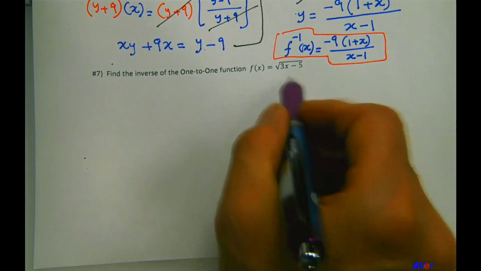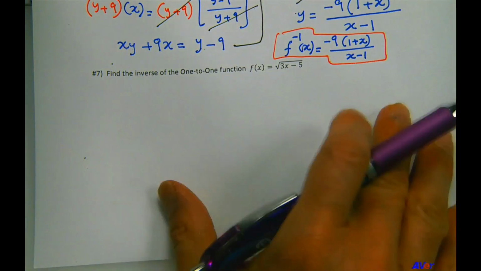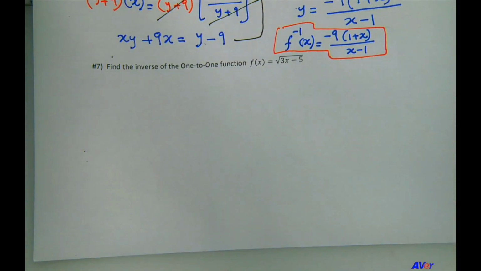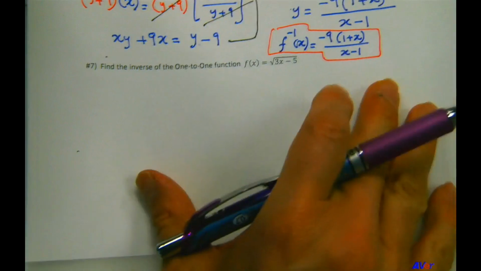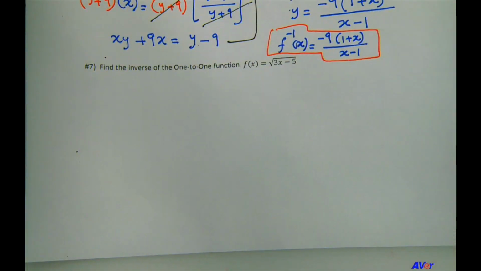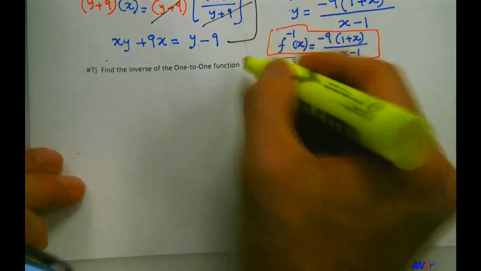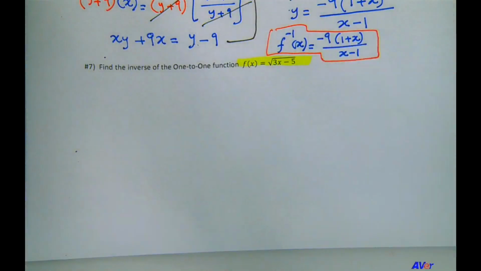Okay, so let's find the inverse of that. If you haven't done so already, please pause the video, find the inverse of that function, and then come back to the video after that.